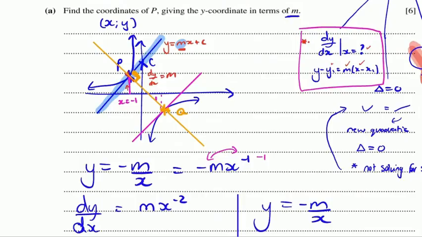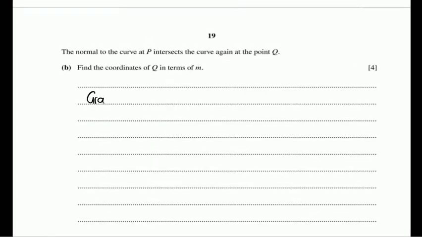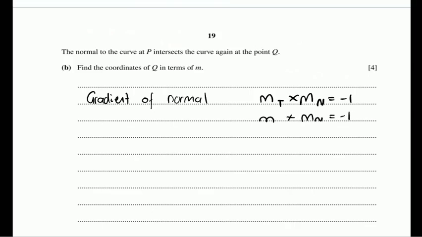Okay, so the gradient of the normal is going to be what? The way that we find it out, we take our tangent, so our tangent times our normal is equal to -1. So the gradient of the tangent is m, so the gradient of the normal is -1 over m.